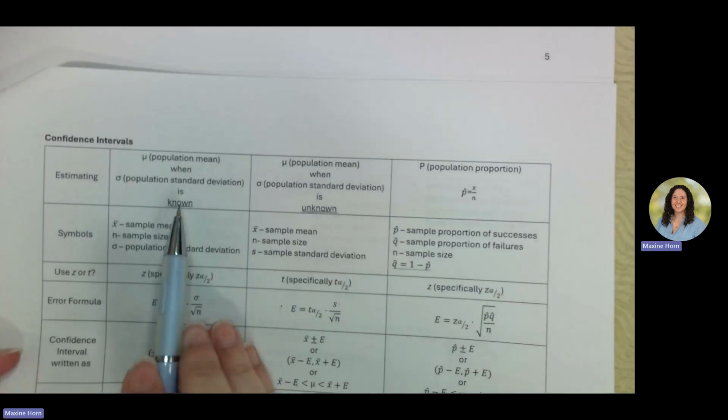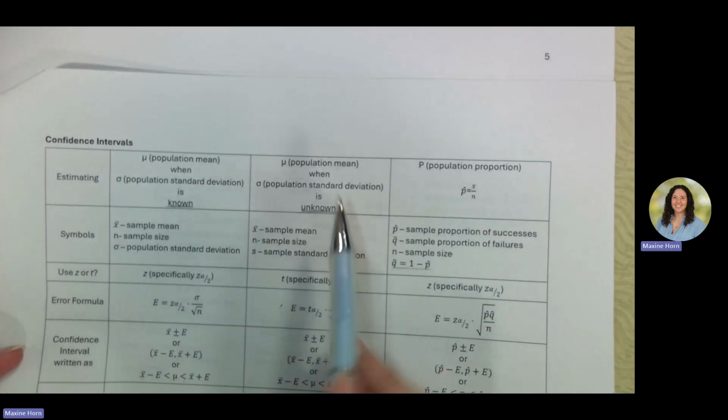Okay. All right, construct the confidence interval for the population mean, and it gives us a bunch of things. So we look at what it gave us and we say, all right, do we know our population standard deviation, or is it unknown?